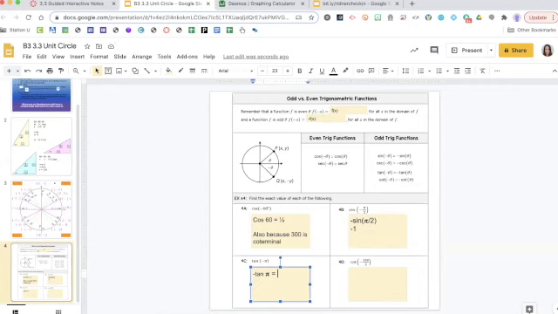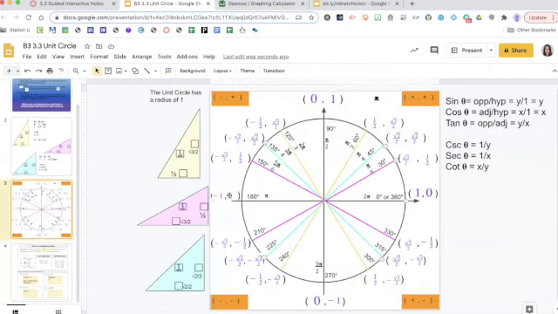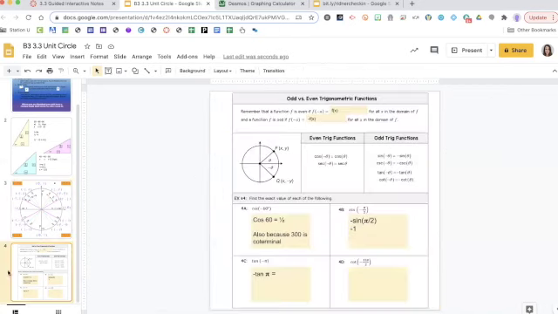Tell me what y divided by x is. At pi, y divided by x is 0 divided by -1. Very good, which would be 0.